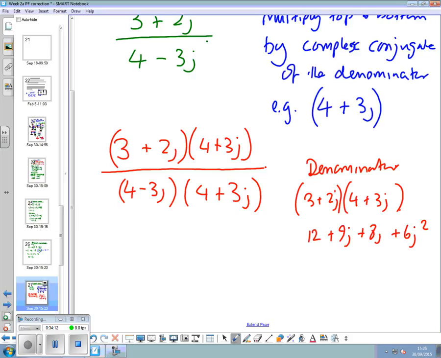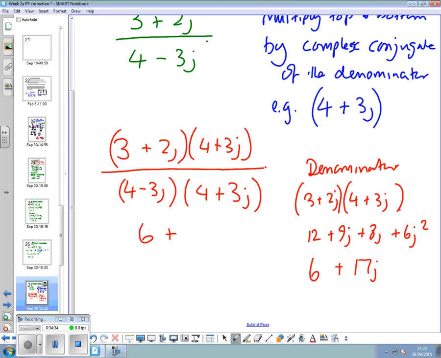Pull them together. This becomes minus 6. So 12 minus 6 is 6. 9 plus 8 is 17j. So that's what would go on the numerator at the next stage.